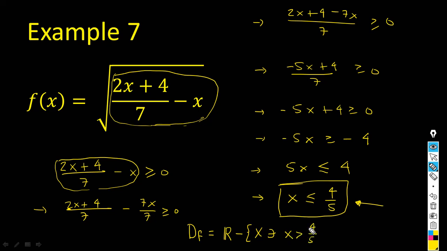Because if a number x has this property that it is greater than 4 fifths, then it would not be respecting this requirement. Okay, and so this is the domain of the function f.